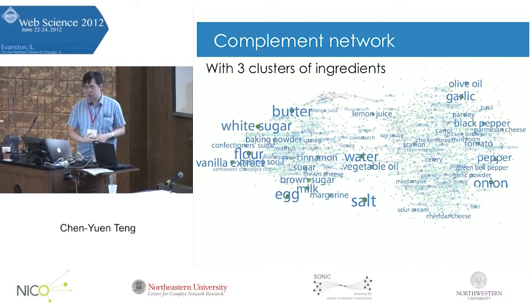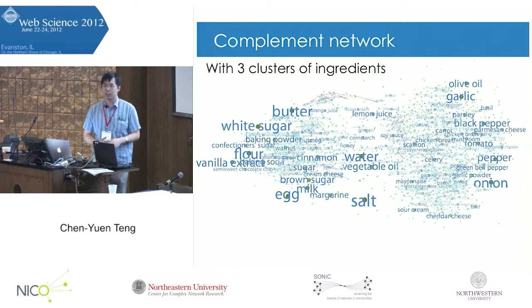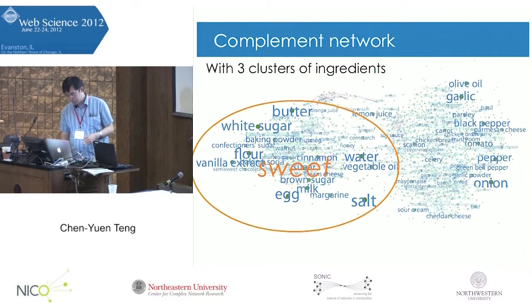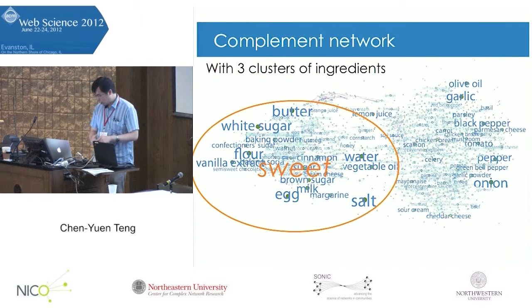Here I want to show you a visualization of the complement network. In general, we can identify three big clusters. The first one is the sweet cluster, where you can see sugar, butter, white sugar, flour, and so on.